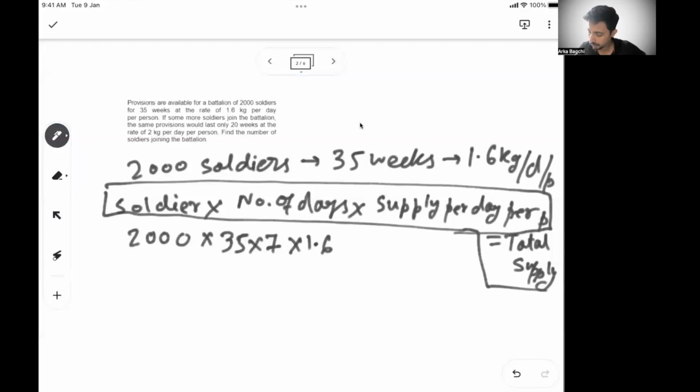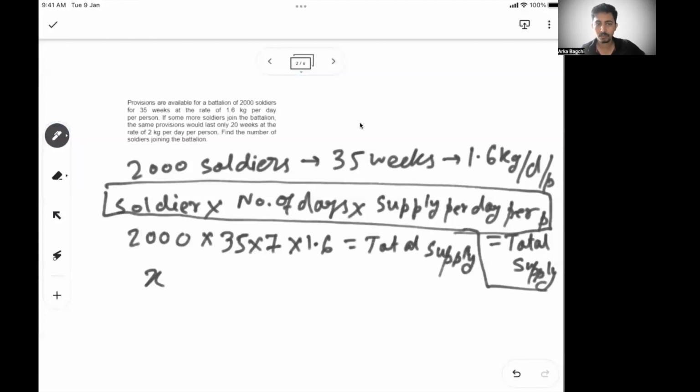Now in the second case, they said a few new soldiers joined, and the supply lasted 20 weeks at the rate of 2 kg per person. So let's say after joining of new soldiers, there are currently X soldiers. X is obviously more than 2000.